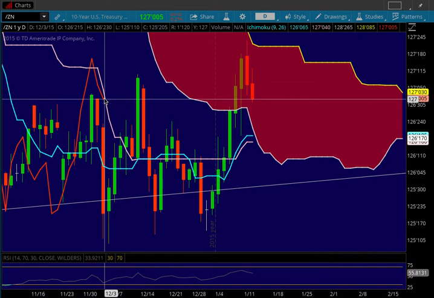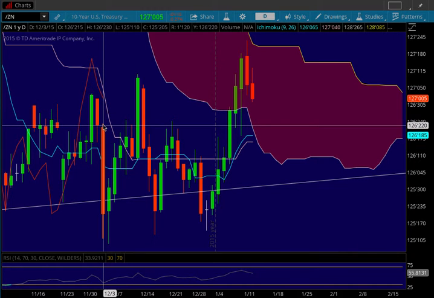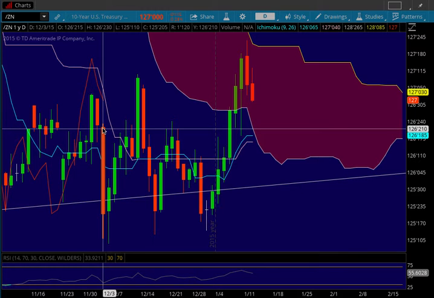And if we do sell further and we're unable to get over the Kijun-sen, the Chikou will find support at the top of this candle here, which is at 126.23 is the wick of it, and then the body of the candle is 126.215.